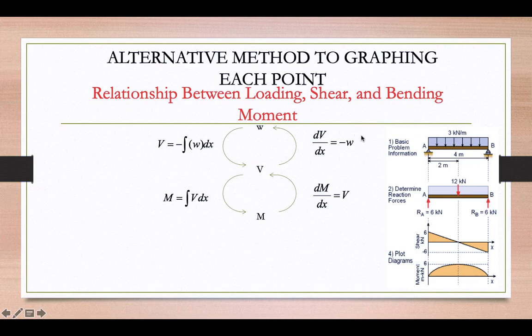This method is the method of integration. So, to get the shear equation, we take the negative integral of w dx, w being the loading. We'd need to convert this loading into a y equals mx plus b equation.